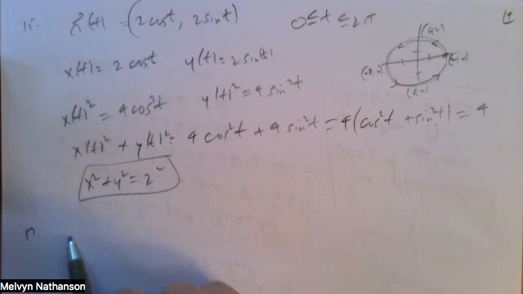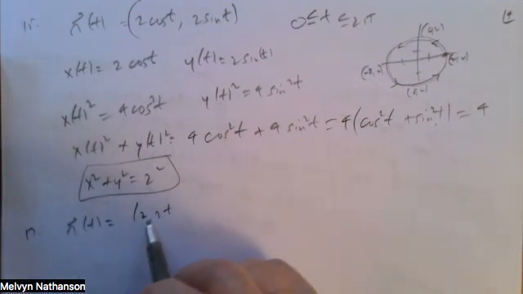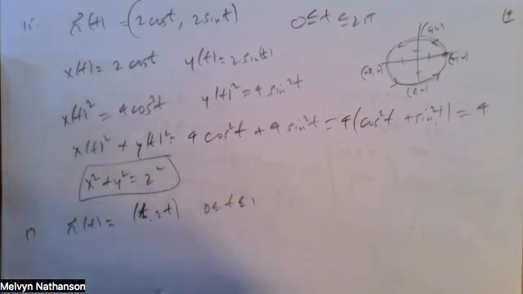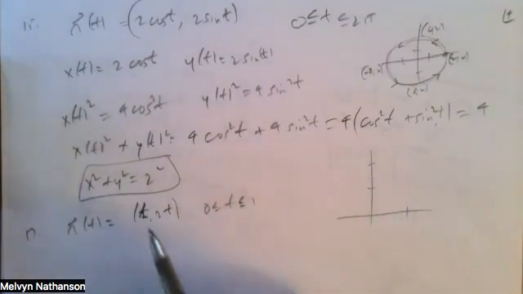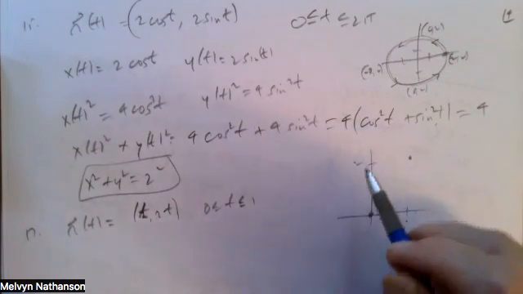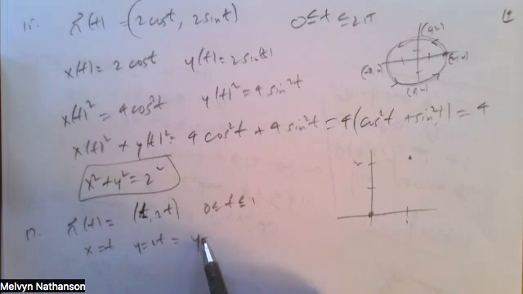What about number 17? In 17, we're in the plane. Our vector valued function r of t is t, 2t, for t going from 0 to 1. So when t is 0, you're at 0. When t is 1, you're at the point 1, 2. In fact, x is equal to t, y is 2t, t is x, so this is y equals 2x.